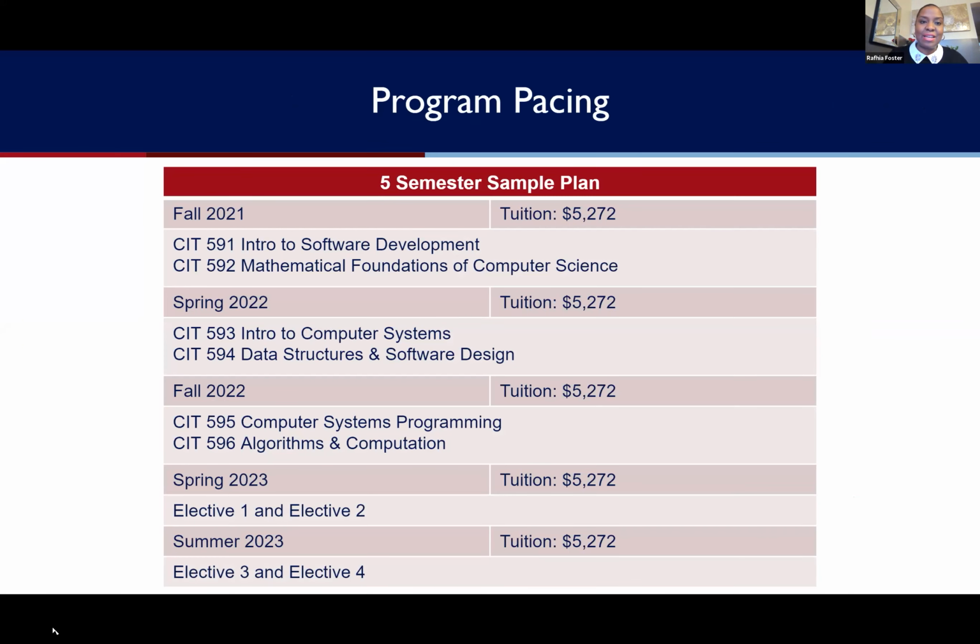Leading up to that, this is the program pacing. We pride ourselves on being very flexible and convenient for people that are working, navigating work, home life, etc. So here is a sample plan of someone that would graduate within 5 semesters. You have up to 7 years to complete the program.